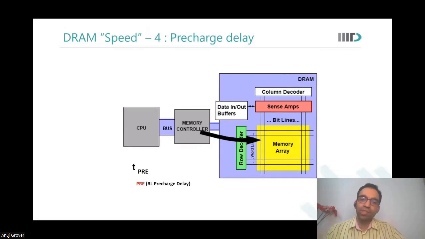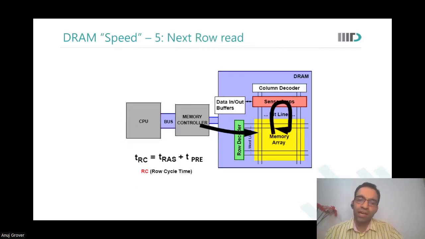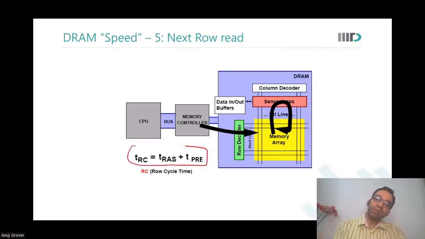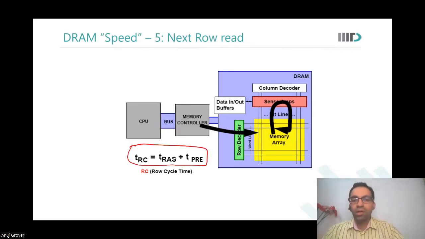Then you need to give some time for pre-charging of the bit line. Let us say that is Tpre. So this pre-charging of the bit line happens after TRCD or TRAS, and therefore the next row command can be given after the bit lines have been pre-charged. So TRAS plus Tpre, that is TRC.